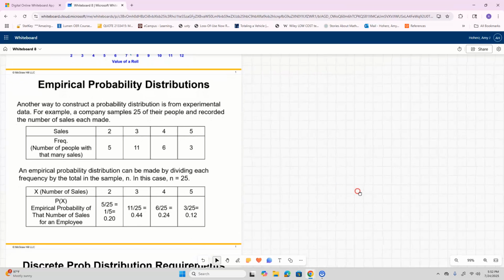So now you can make probability distributions from empirical data. We talked in chapter 4 about how probabilities could either be from rolling dice and flipping coins, which would be classical.